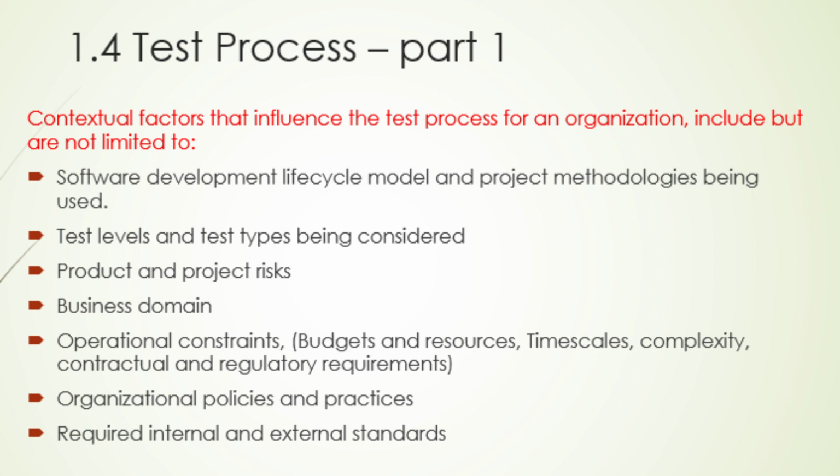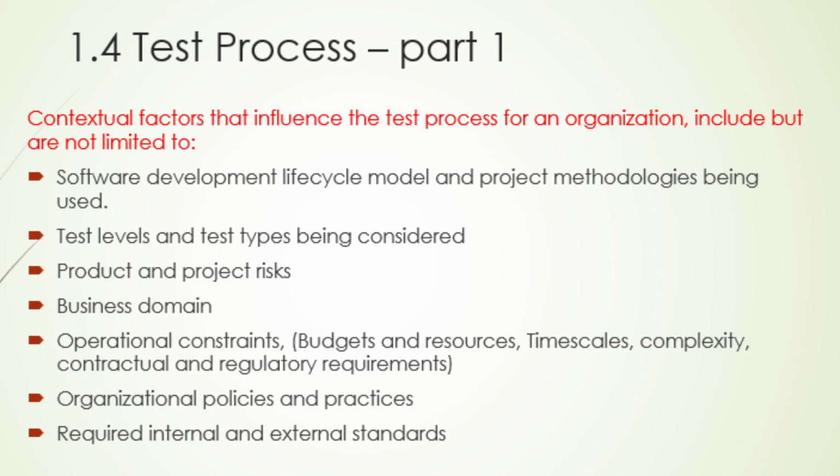Some organizations have achieved CMMI maturity level 5 and are well matured. In the test levels we have unit test and integration test. Unit testing is automated. So these are very important.